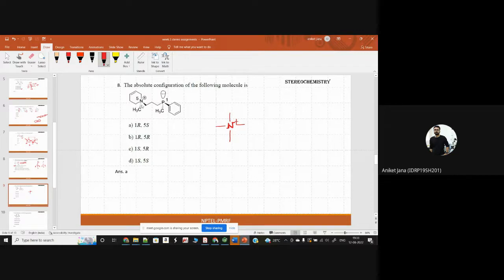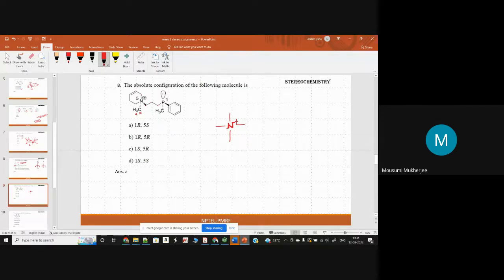But if we see, this one is CH2, CH2, CH2, right? And this one is CH3. So this CH3 is definitely the lowest priority, this is D or 4. Now if we check around, this above one is the second one, that is priority 2.